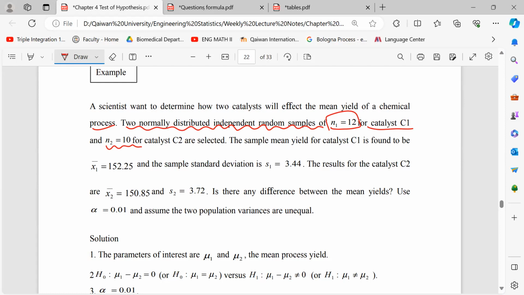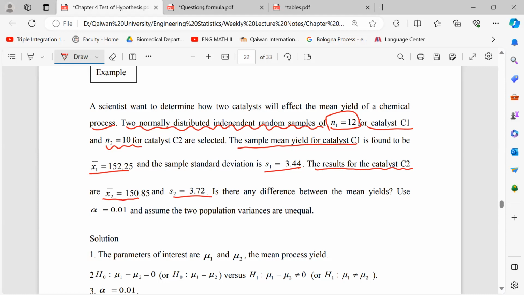The sample mean yield for catalyst C1 is found to be this X1 bar, and its standard deviation is this one. The results for catalyst C2 are X2 bar and S2. Up to now, we have N1, N2, X1 bar, X2 bar, S1 and S2. We have these 6 pieces of information.